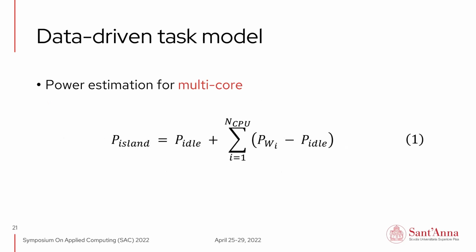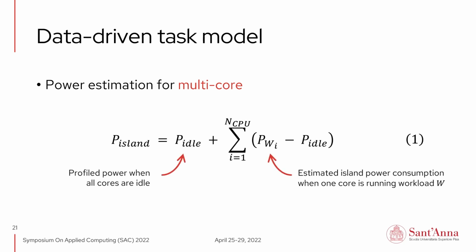For a multi-core CPU island, the simulator uses the following model to calculate the power consumption of an island with n CPU cores. Here, the PW is the power consumption measured by the profiler for an entire island when running that workload on a single core, while the P-idle is the power consumption when the entire island is idle.